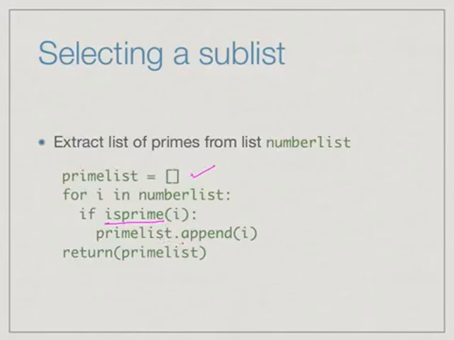If it is a prime, then we append it to our output list. So we start with the list x1, x2 and so on, and then we apply the test, and some of them will pass and some of them will fail. And at the end, wherever the things pass, those items will emerge in the output.